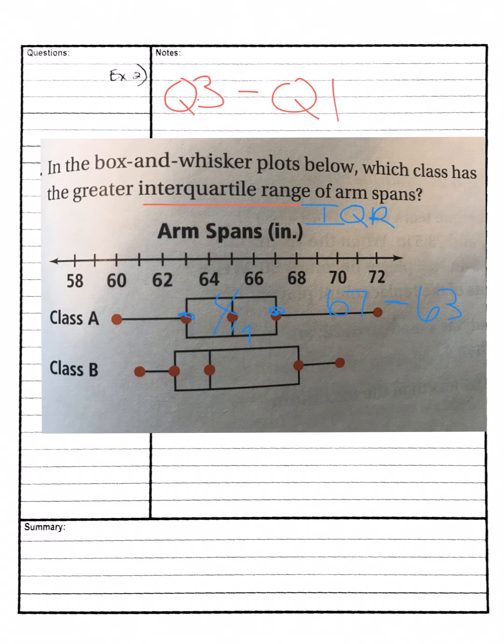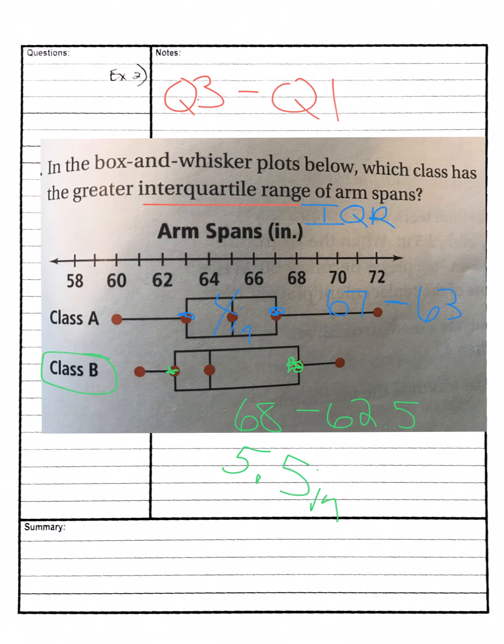Looking at class B, my IQR is going to be 68 take away 62.5. If I have 68 and I take away 62.5, I'm going to be at 5.5 inches. So the question, which has the greater interquartile range, that's going to be class B, 5.5 inches.